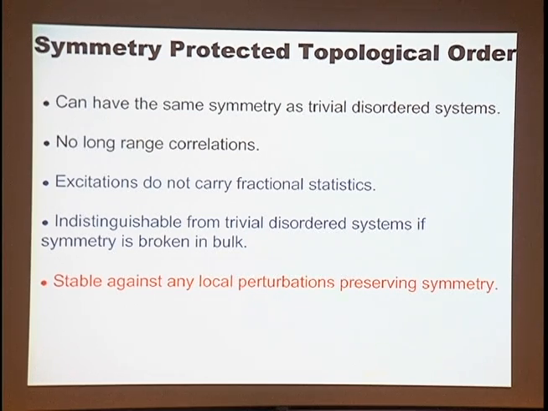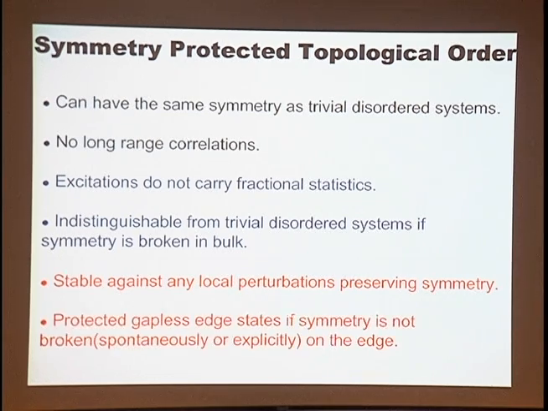This statement doesn't really mean the gap will not close if you add a perturbation; it just means that if you add a symmetric perturbation, there's no way to get any crossover to that trivial phase. So it's not necessary to close the gap. And as an application, the most important part is that all these states will support a gapless edge if the symmetry is not broken.